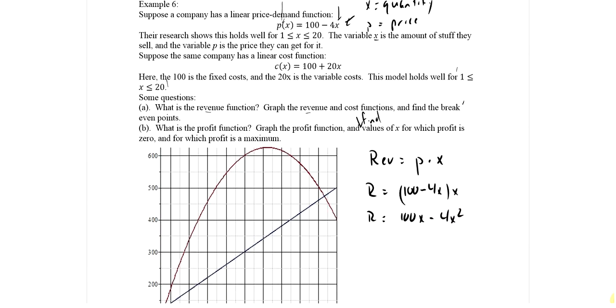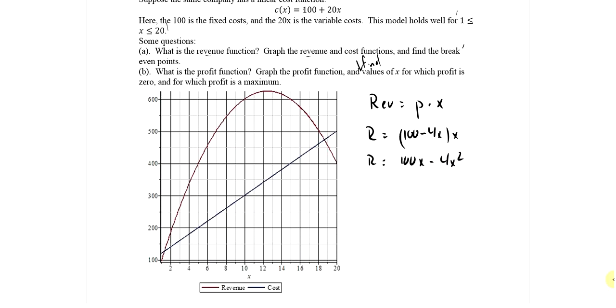And if you've got a graphing calculator, you can graph the revenue, this parabola, right? It's minus 4X squared, so it opens down. That's my revenue, right? Revenue reaches a maximum in here somewhere, and it looks like around 12.5.